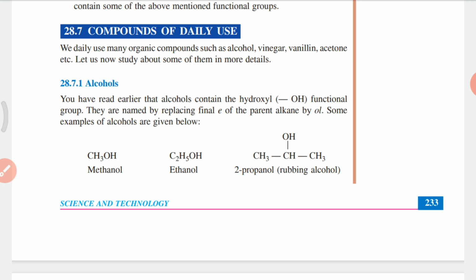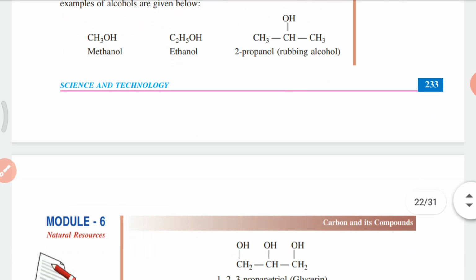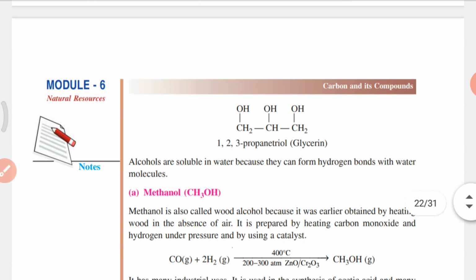So methane is changed to methanol, ethane is changed to ethanol, propane is changed to propanol, etc. Alcohol is a compound we use in our daily purposes and also in medical purposes.